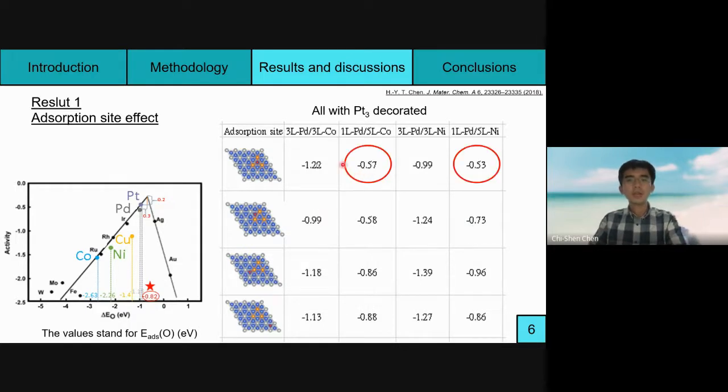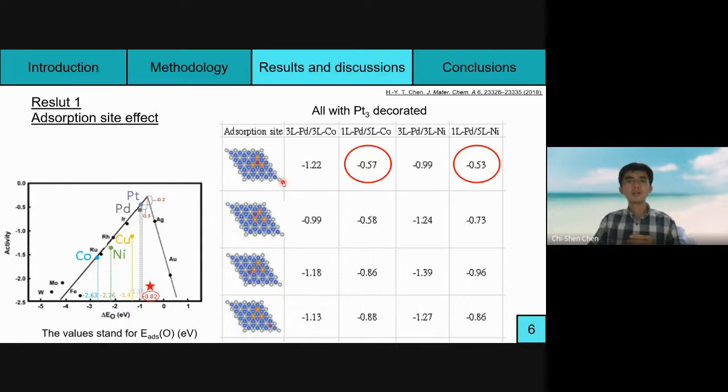And also we can see that we adsorb the oxygen atom. The red ones are oxygen atoms and the orange ones are the platinum atoms. We adsorb the oxygen atom to 3 Pt atoms, 2 platinum atoms, 1 platinum atom, and no platinum atom.